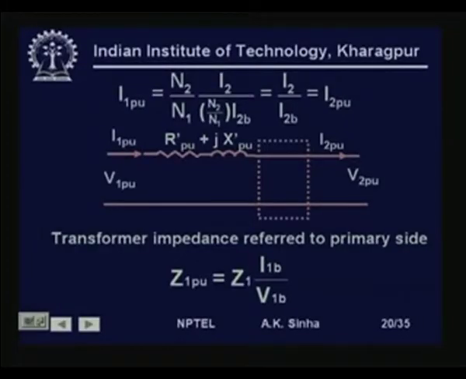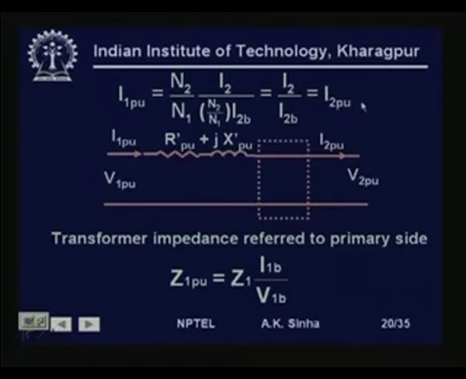Here we have I1 base by I2 base is equal to N2 by N1. Now, if we look at the per unit quantities, I can write I1 per unit is equal to N2 by N1 into I2 divided by I1 base. Now, I1 base is equal to N2 by N1 into I2 base. Therefore, it comes out to be I2 by I2 base, which is nothing but I2 per unit.